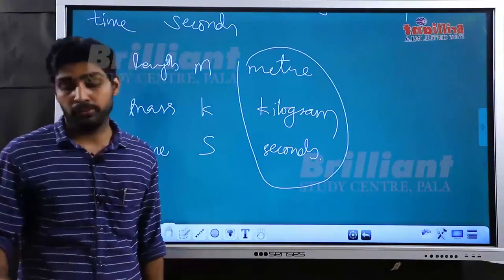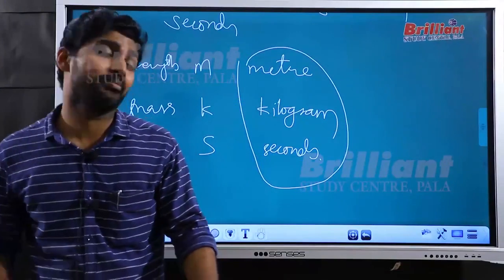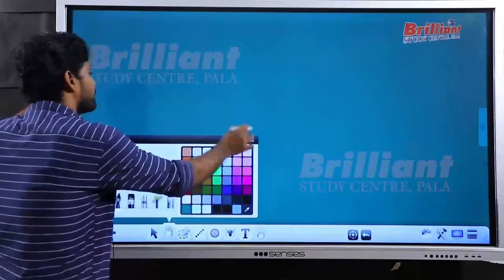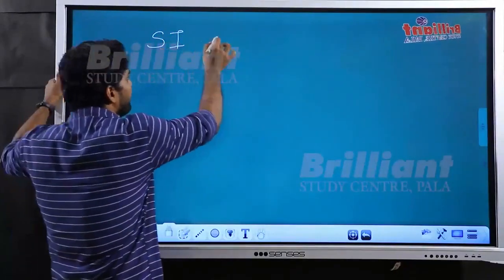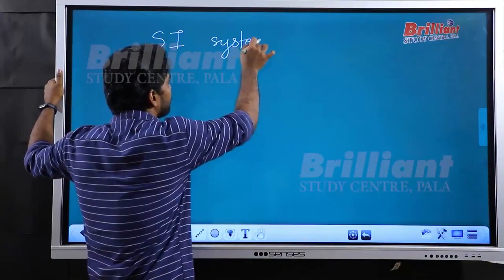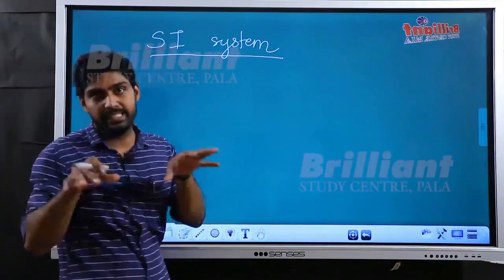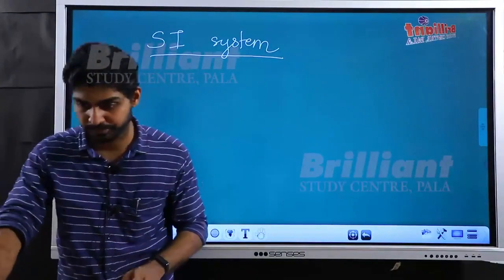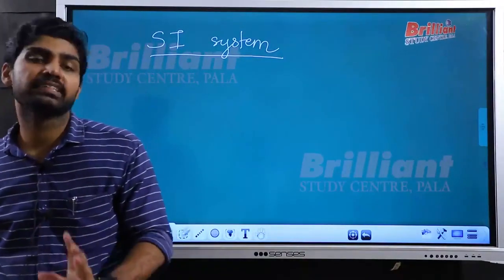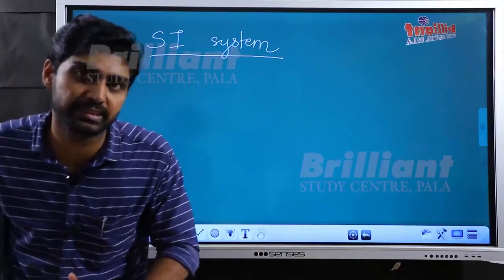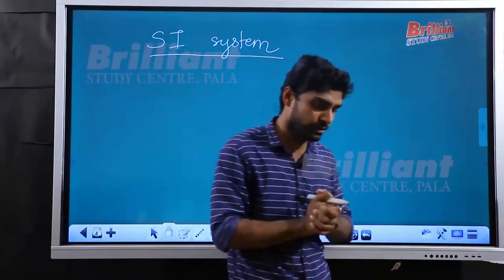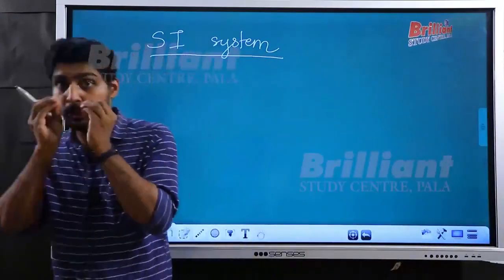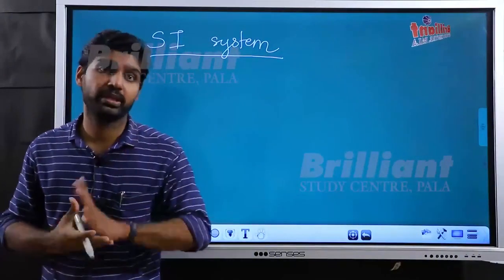Now we are going to learn about the most important system of units, that is the SI system. We can simply say it is the International System of Units. It is the universally, internationally accepted system of units to avoid any confusion. The SI system has a particular unit for every quantity that you can think of.